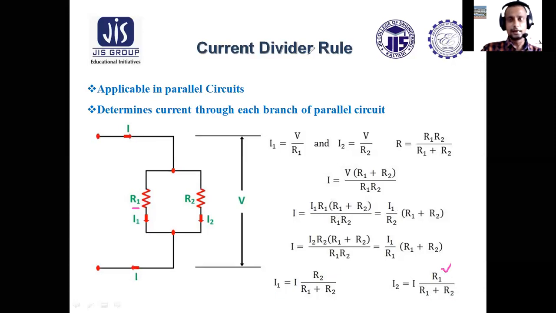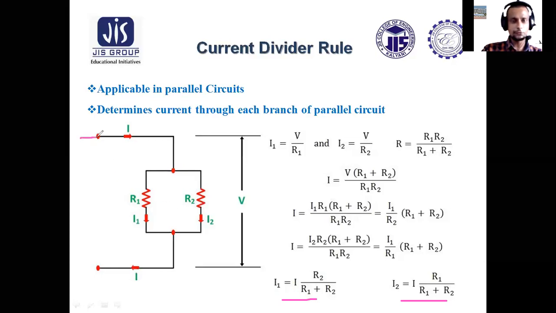Now let us derive these equations. How can you get these equations? It is very well known to us that for a parallel circuit, as R1 and R2 are connected in parallel, the voltage across these two resistances will be the same.